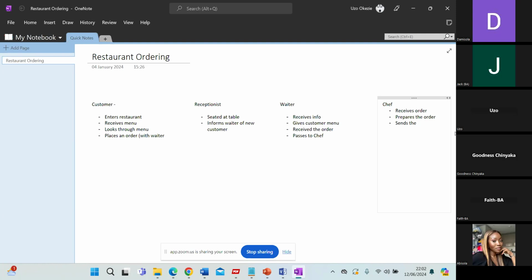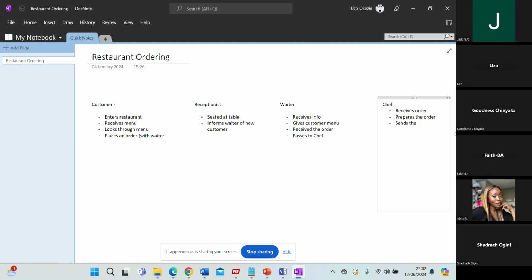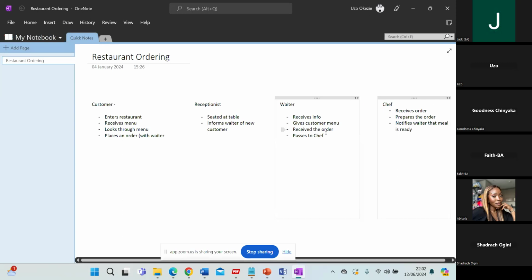How does he do that? Maybe a bell. They will have a way of communicating. So notifies waiter of what? Meal is ready. Readiness of the meal. Okay. Notifies waiter that, let's just say, meal is ready. Okay. Then what happens?